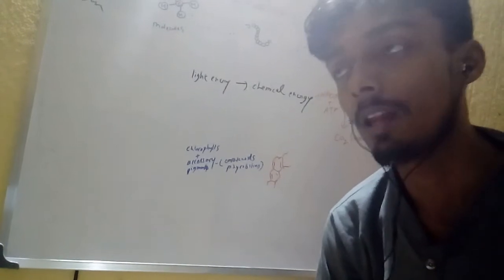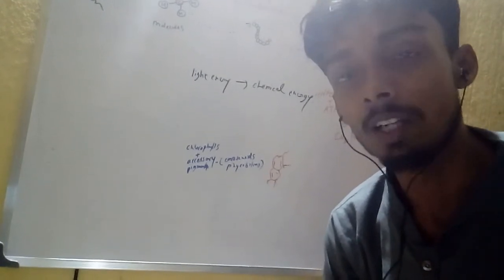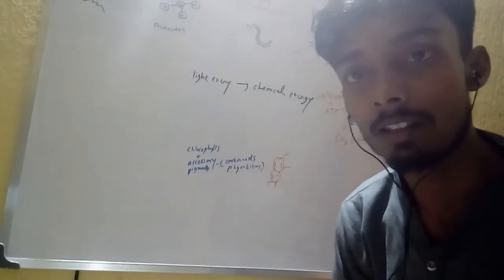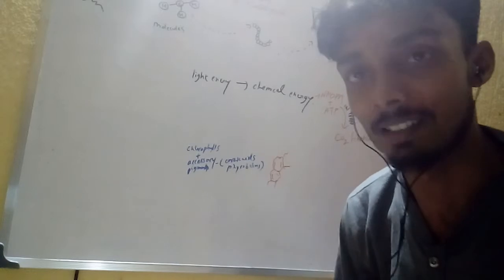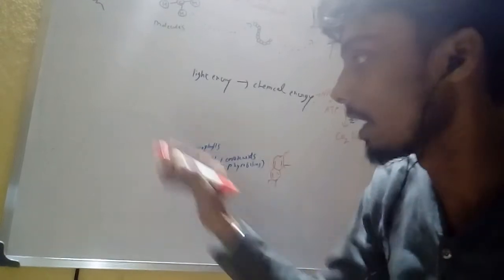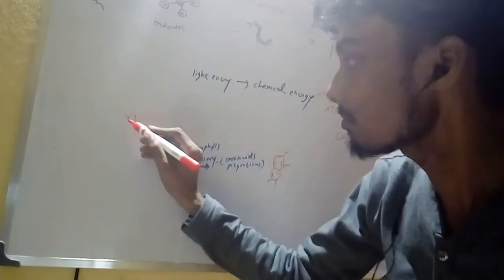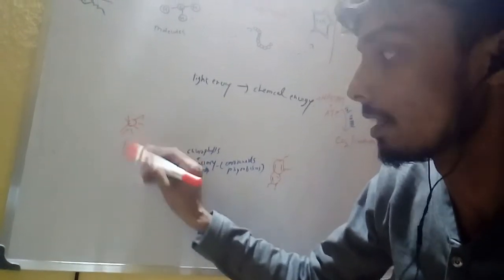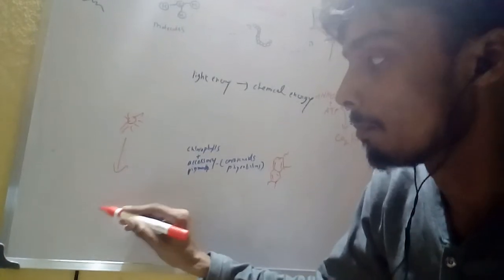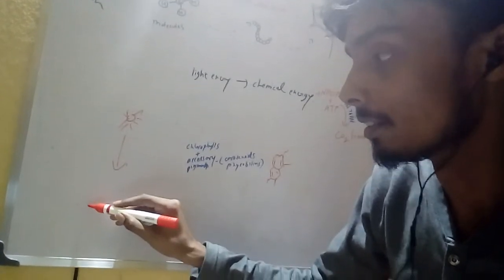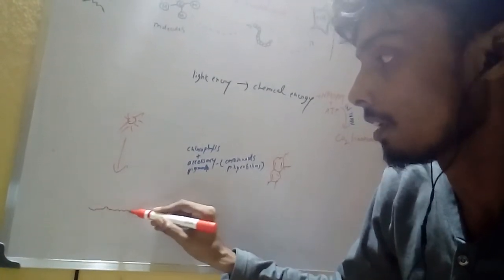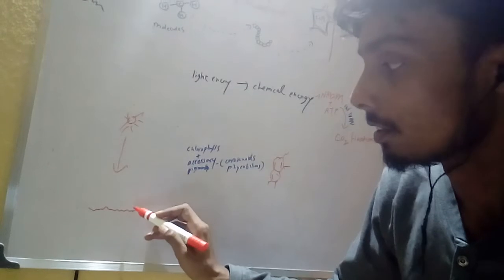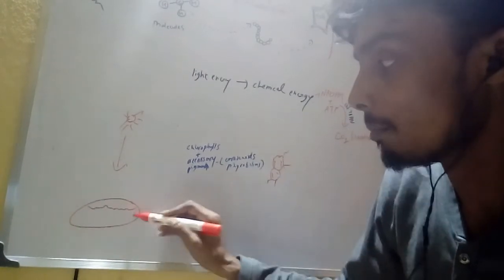Okay, so the light that comes from the sun, I'm telling you with the diagram here. You can see the sunlight came to the plant. The plant has chlorophyll in the thylakoid membrane.